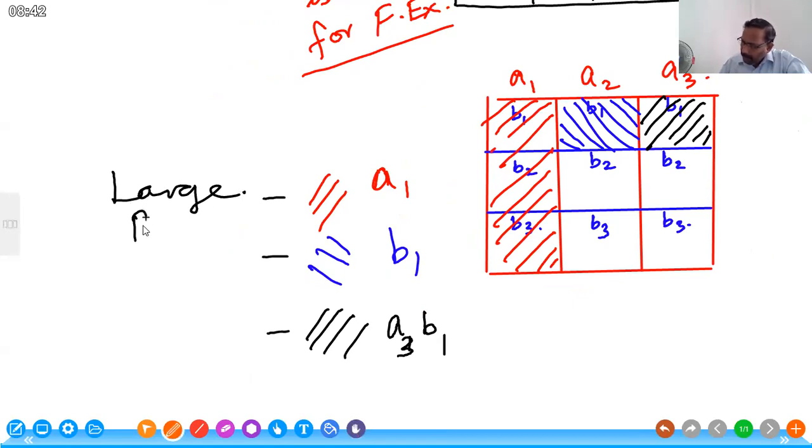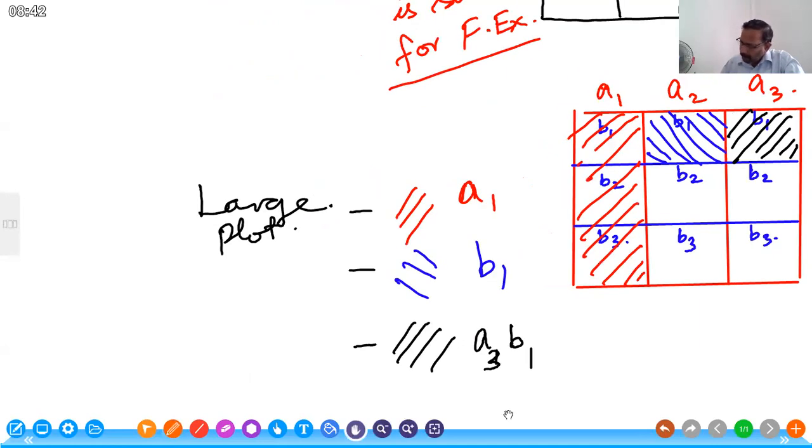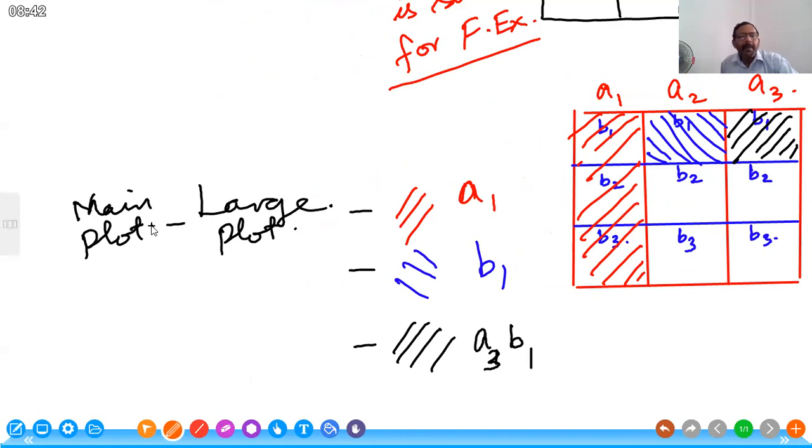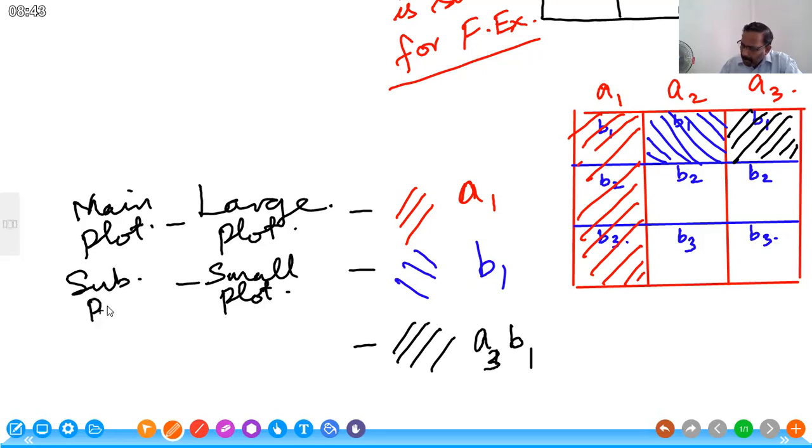A1 is called a large plot, so it is also called main plot. These are the names that I'm talking about. Large plot. What about B1? Small plot, or we can say subplot.